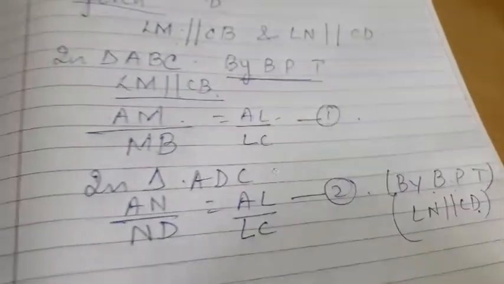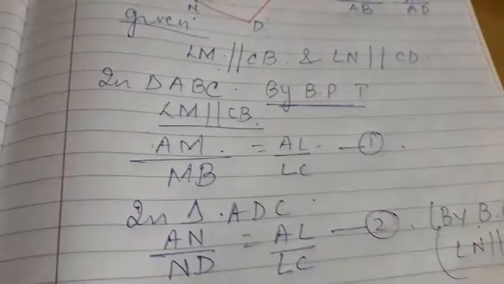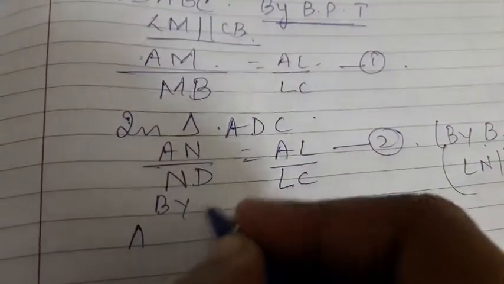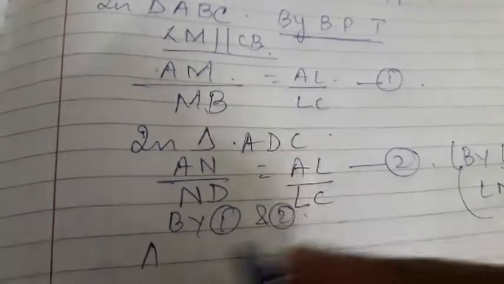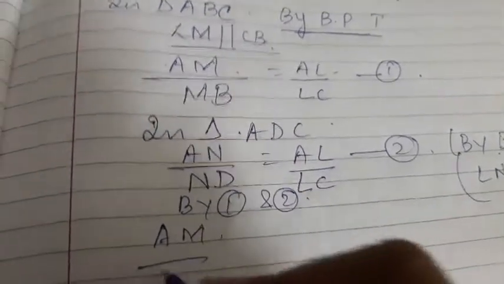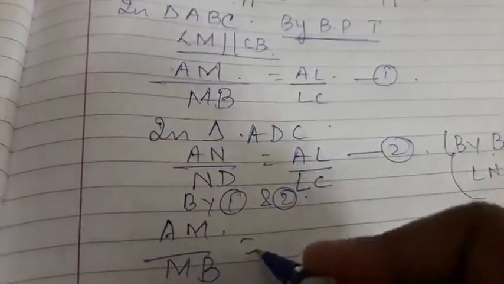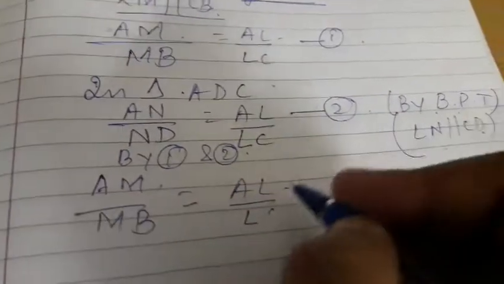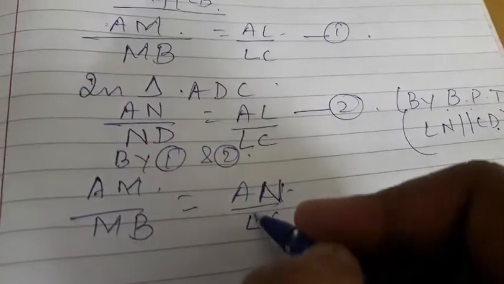Now when you compare equations 1 and 2, we can write AM upon MB is equal to AN upon ND, right?